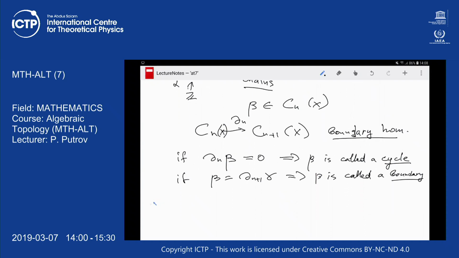Then we showed the following property: the composition of dn and dn plus 1 is 0. We showed this for the case of simplicial homology, but the proof is completely analogous for dn acting on Cn.